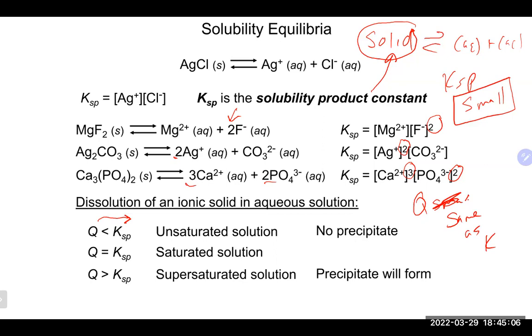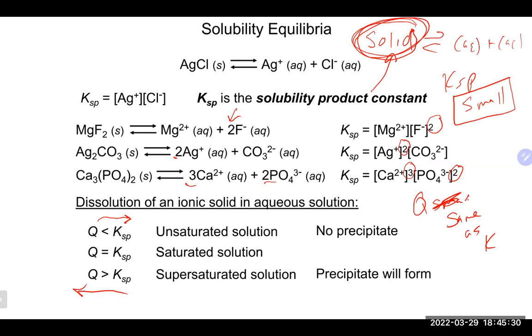So people lean toward saying you would see the precipitate, but technically you have to go over that equal mark. That's what we see when Q is greater than the KSP: going opposite of where it points puts us back on the solid side. At that point, we have a supersaturated solution where we would expect a precipitate to form.